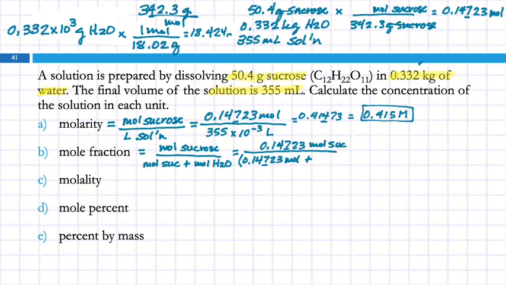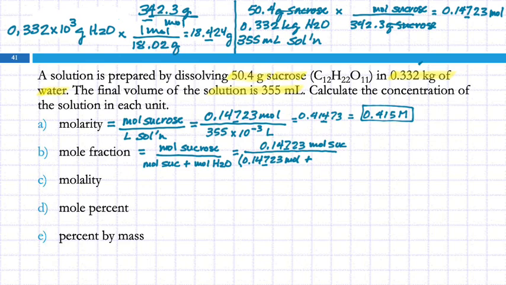Let's separate these guys. Did I do that right? Anybody following along? Calculator? I'll try it again. 0.332 EE3 divided by 18.02. Yep, that's what I get.